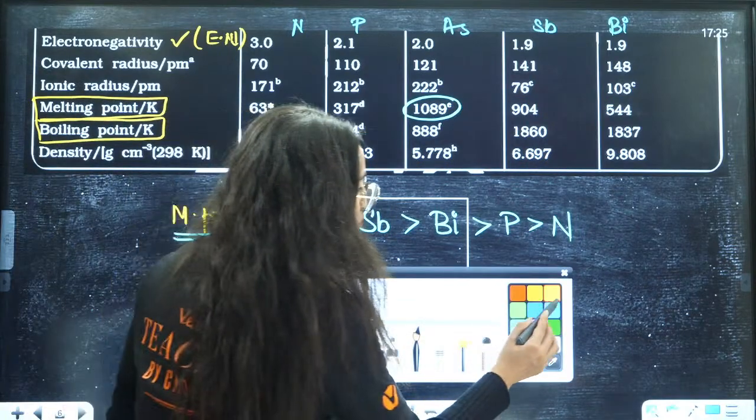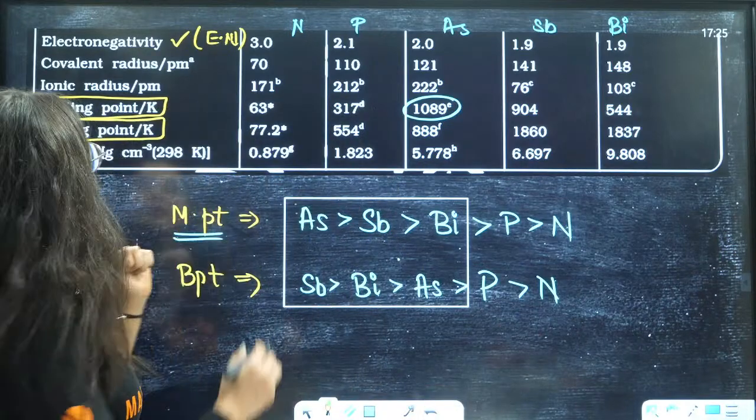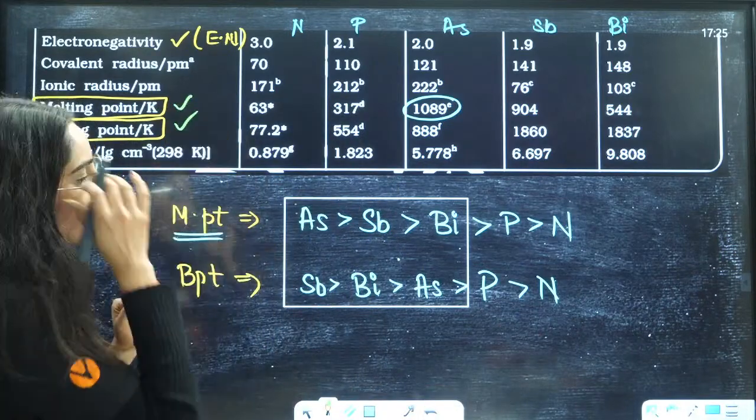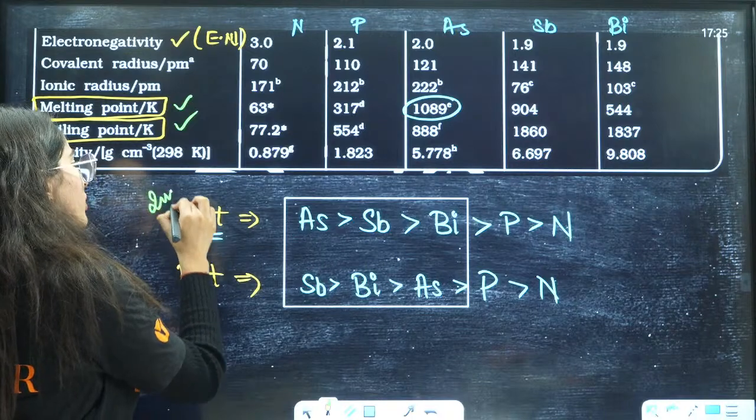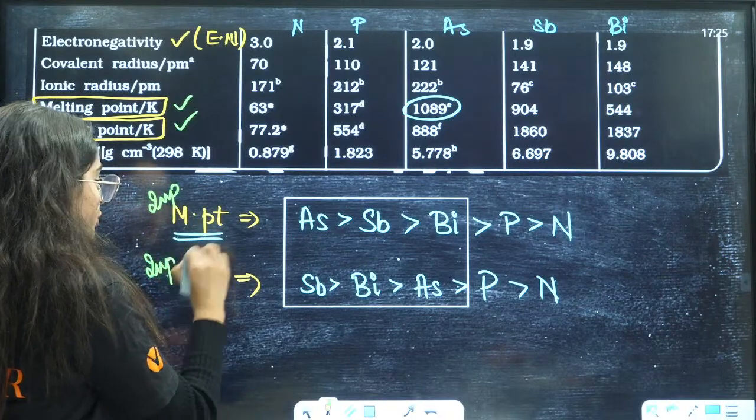Okay, so this will become the order of melting point and boiling point. That has a very unique order. That is why this becomes important for you, and this also has been asked in the exam.